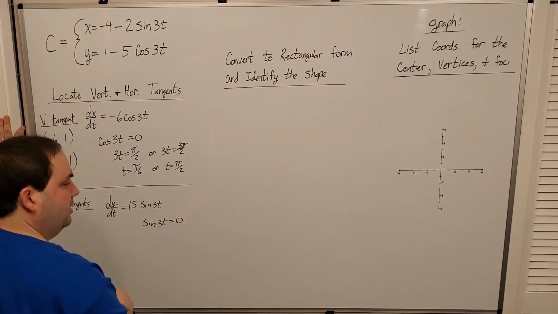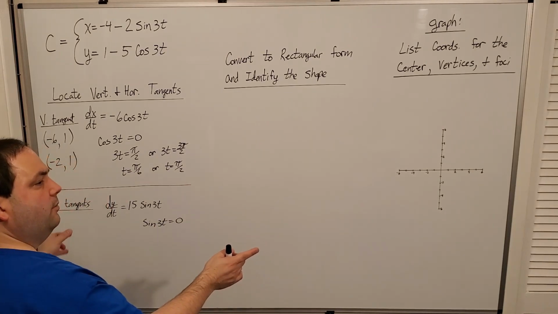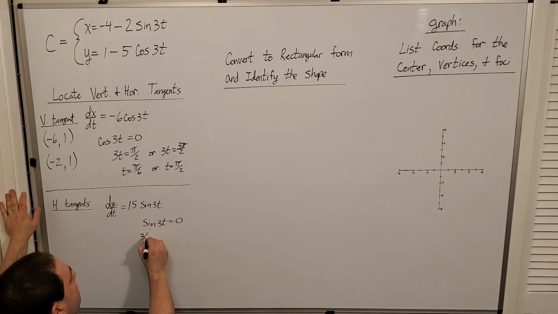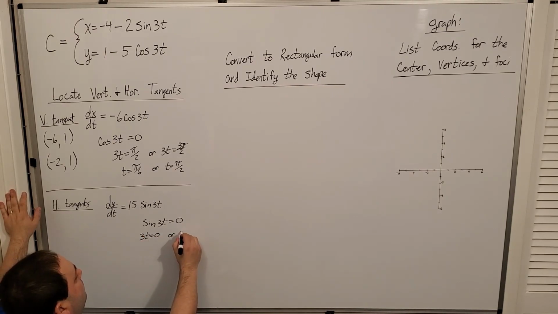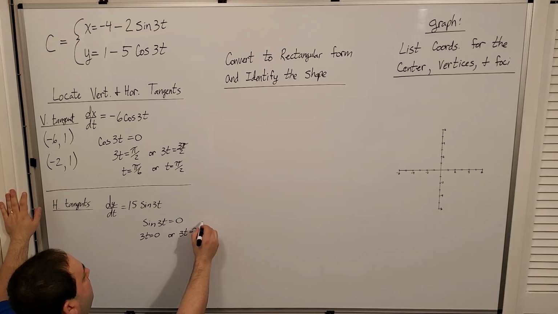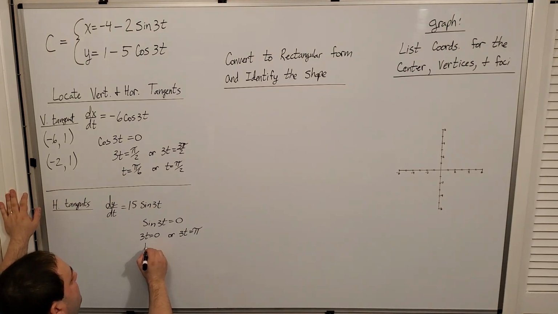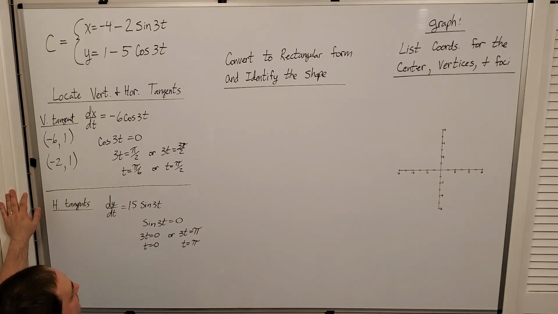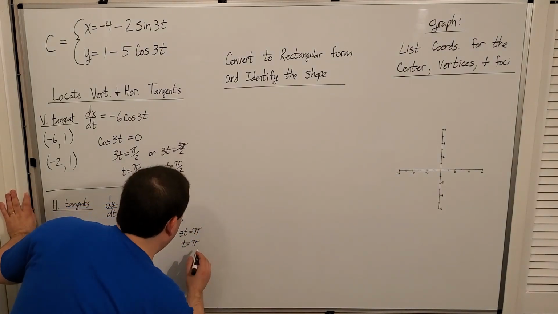And sine is usually 0 at 0 and pi, right? So 3t either equals 0 or 3t is equal to pi. So t is 0 or t is pi over 3.